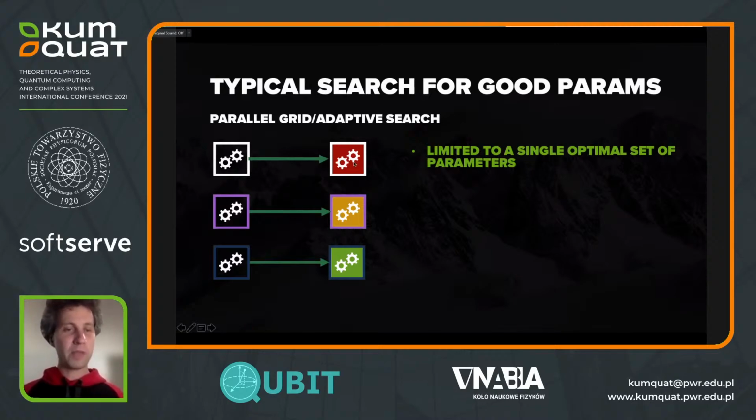Then if even on this step you don't have a proper result, you can adjust them using some Bayesian rules, for example, and train once again in a second round until you find the right hyperparameter set on one node. And again, this is limited because at the end you will get a single point. It's the so-called adaptive grid search or some parallel grid search. There are many methods in the same spirit, but more or less the idea is very similar.